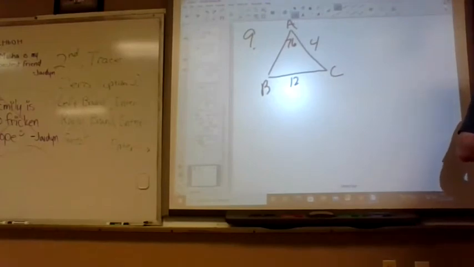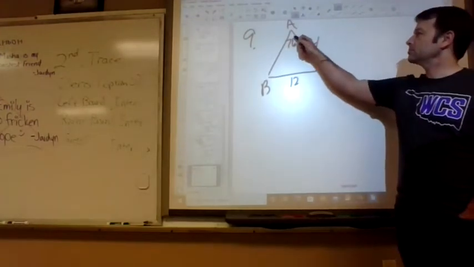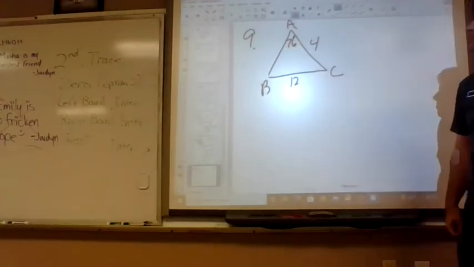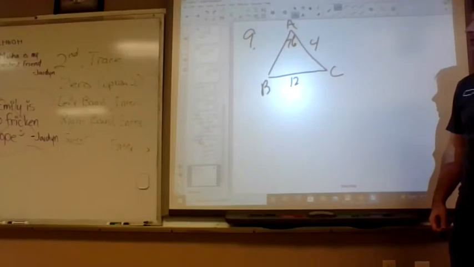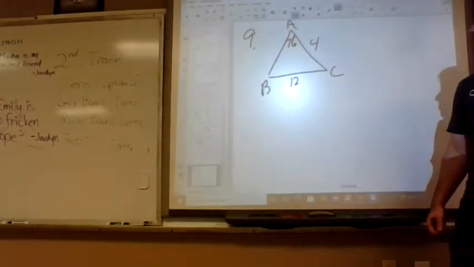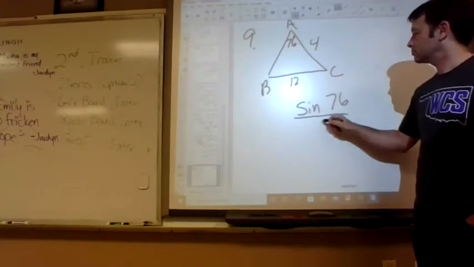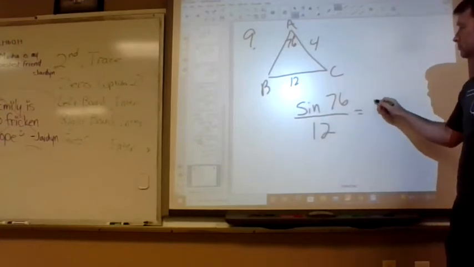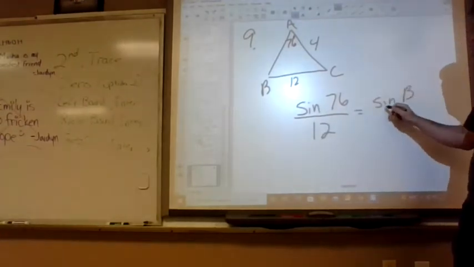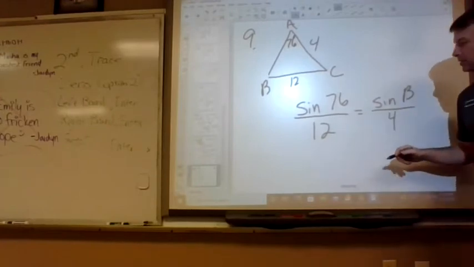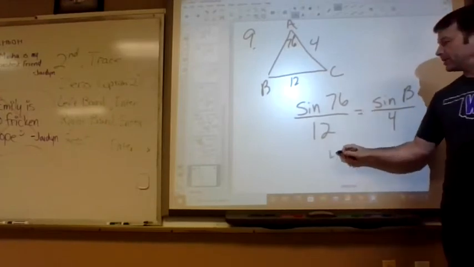All right, Nevaeh, you want to try this one? I do. Okay, what are we looking for? Any missing part? So sine of 76 over 12 equals sine of B over 4. Cross multiply.